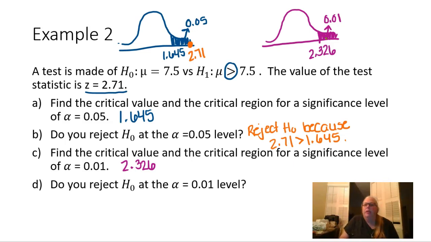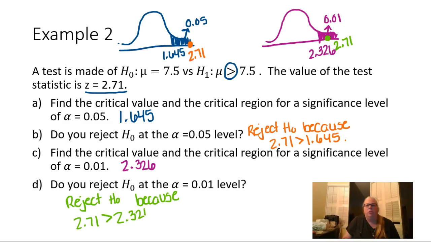It should be back here, just barely more than, but still more than. And since it falls in the purple shaded area, we are once again going to reject the null hypothesis. We're going to do that because our test statistic, which measures 2.71, is greater than our critical value, which we found to be 2.326.